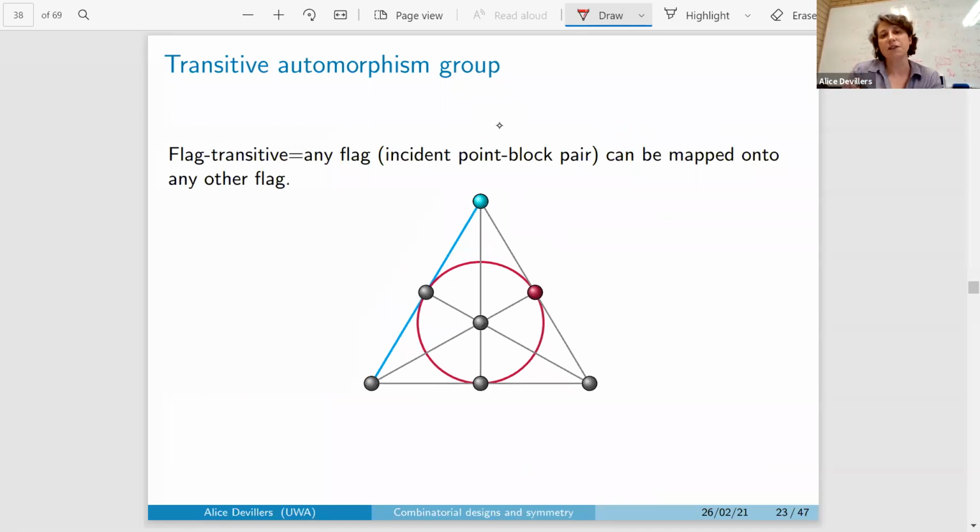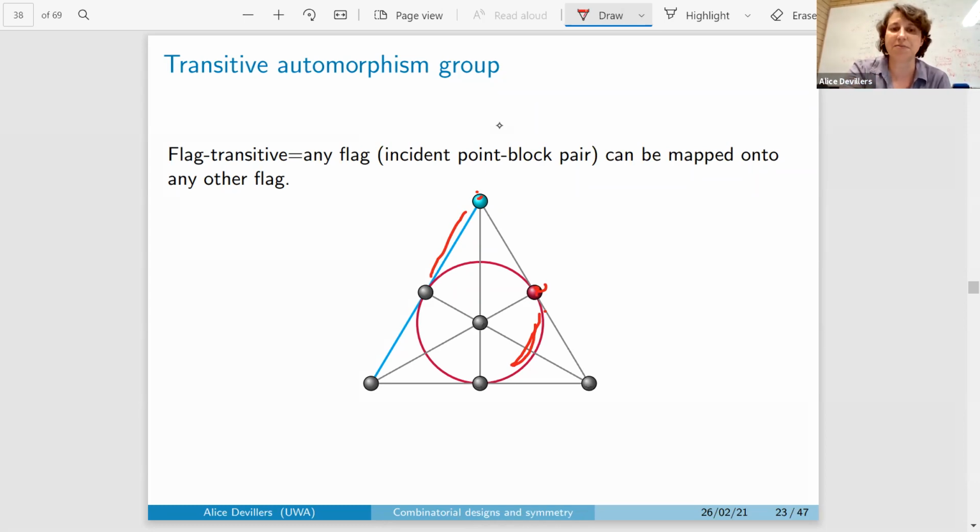Flag-transitive: recall a flag is an incident point-block pair. So flag-transitive means any flag can be mapped onto any other flag. So for instance, this blue flag consisting of this point here and this line here, and the red flag consisting of this point here and this line here, I can map the first flag to the second flag.